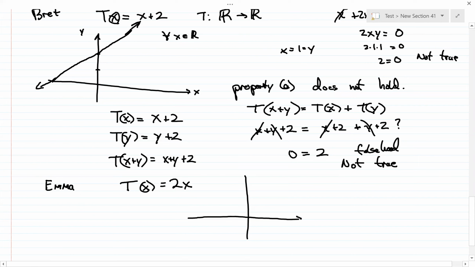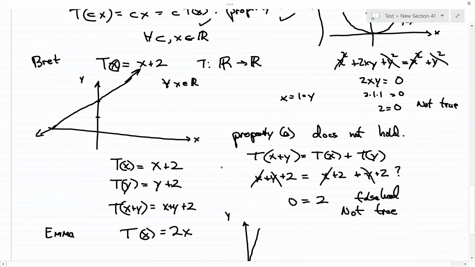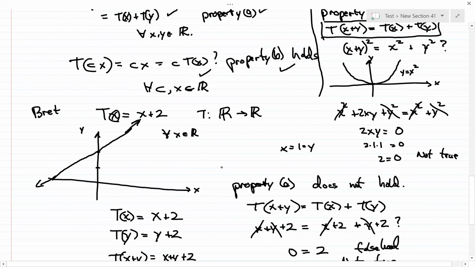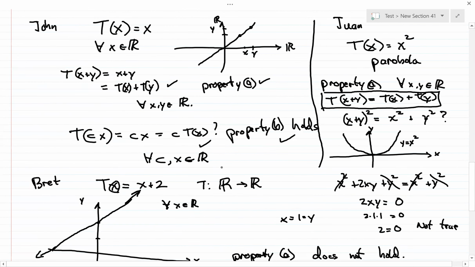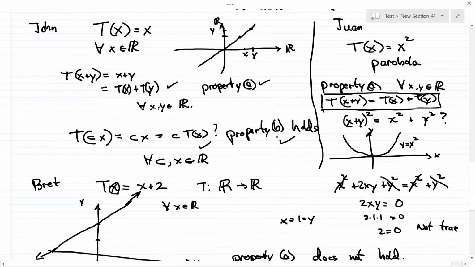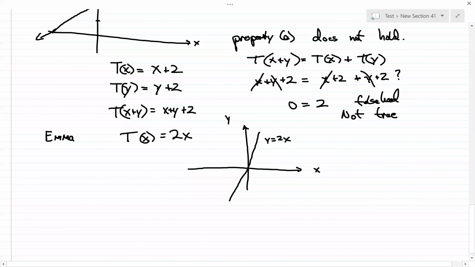That's what she was saying. And of course, it's a line that has twice the slope of the initial one. So this would be the line y equals 2x. So Emma's suggestion is what? Stick with lines, but make sure they go through the origin.